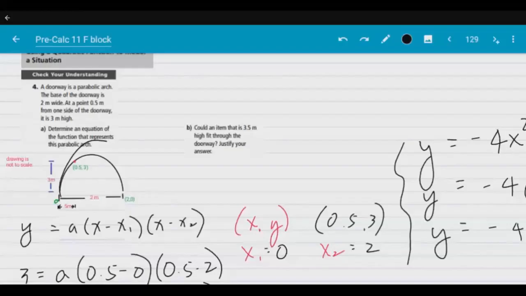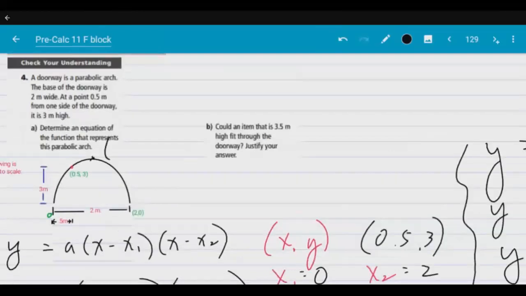So this vertex here would be the point 1, 4. And that means it has a height of 4 meters. So does it mean that an item that is 3.5 meters high could fit through the doorway? The answer is yes, because the highest point of the doorway would be 4 meters high.